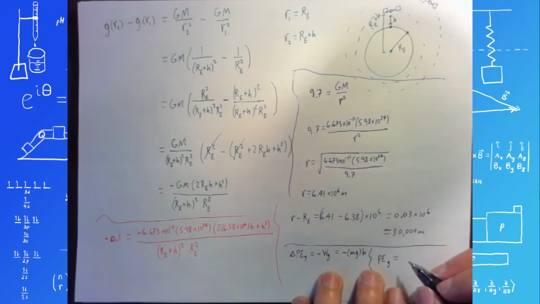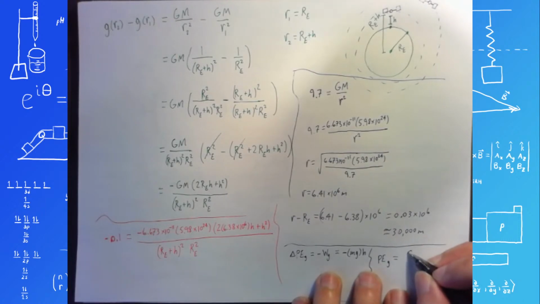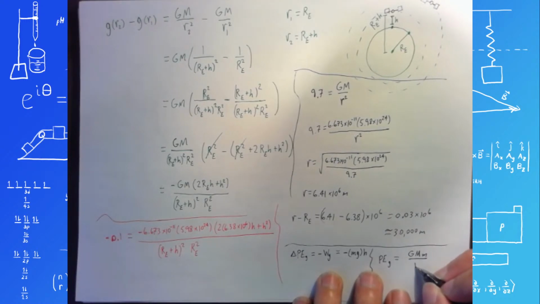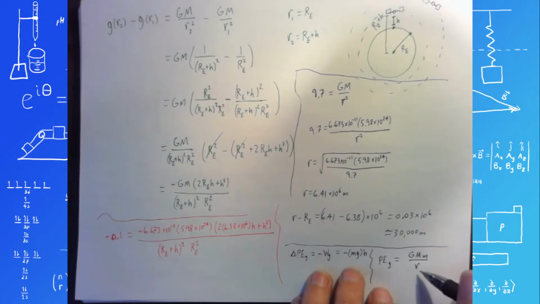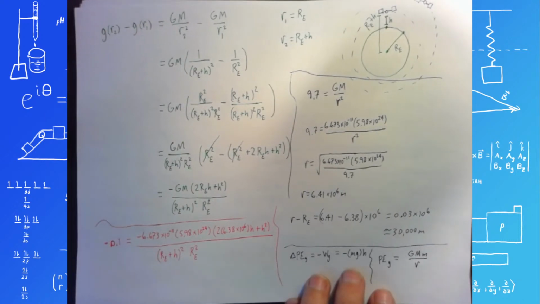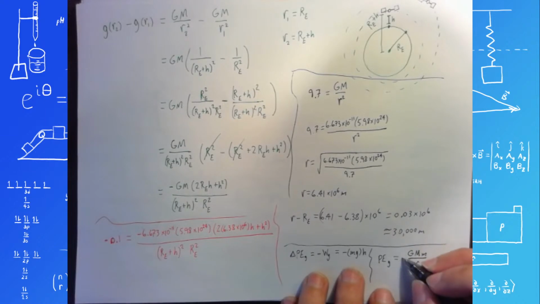But for now, I'm just going to have you take my word for it that gravitational potential energy is proportional to big G times the mass of one object times the mass of the other object divided by r, but this time not squared. Or d if you prefer to use d instead of r. And the other thing we do is we tack on a negative sign.